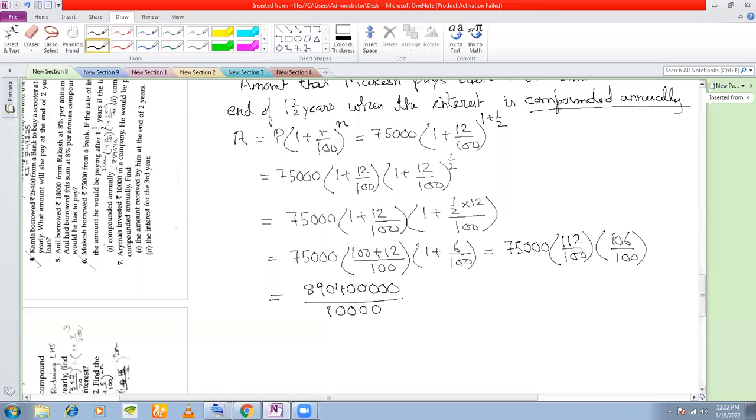Now these 4 zeros are going to cancel. So ultimately what you are going to get here is rupees 89,040. This is the amount that he will pay to the bank that is charging him interest annually.